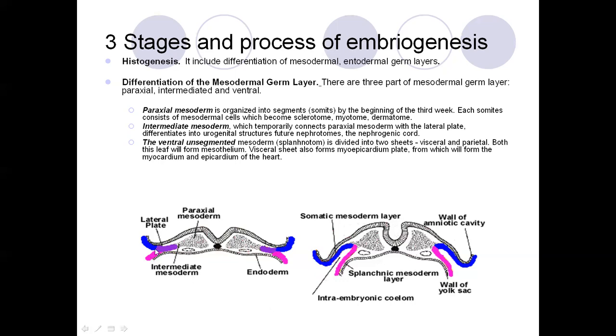Ventral mesoderm forms a cavity, the intraembryonic coelom, and this cavity has two sheets, parietal sheet and visceral sheet.